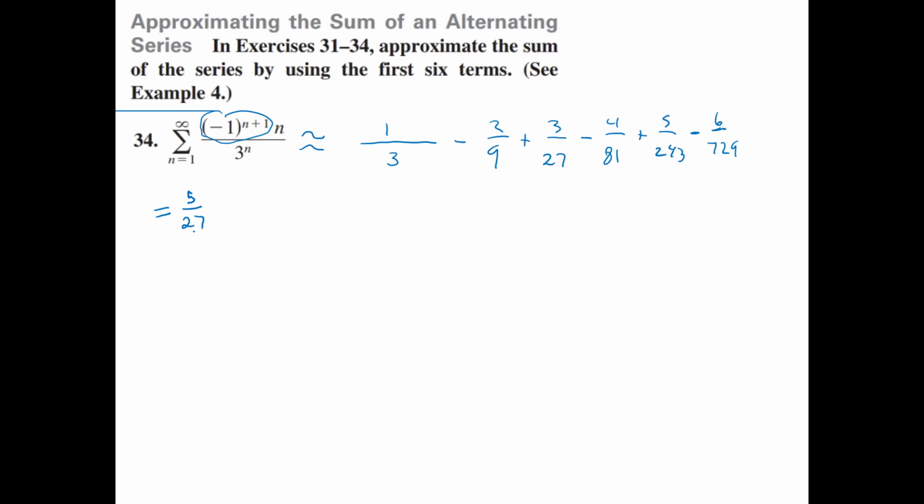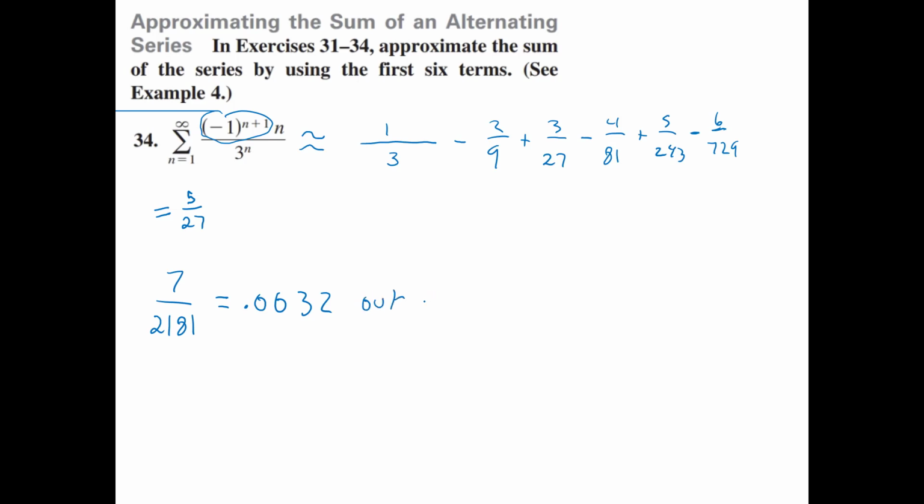The next term would be 7 over 729 times 3, 2187. So 7 divided by 2187 is 0.0032.